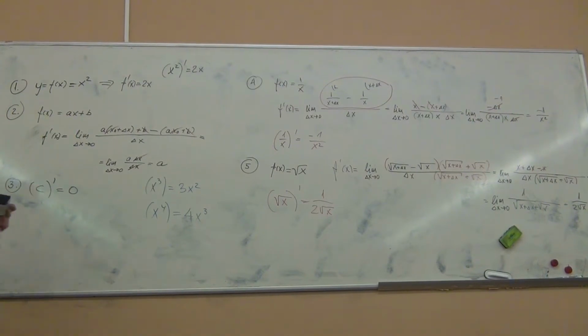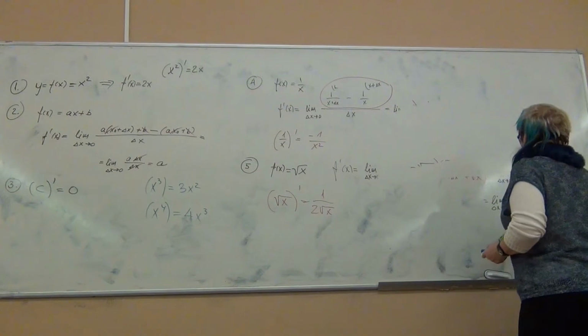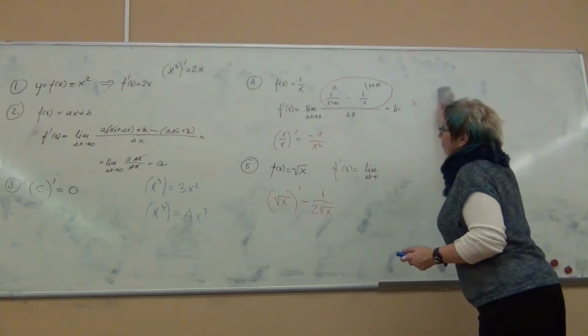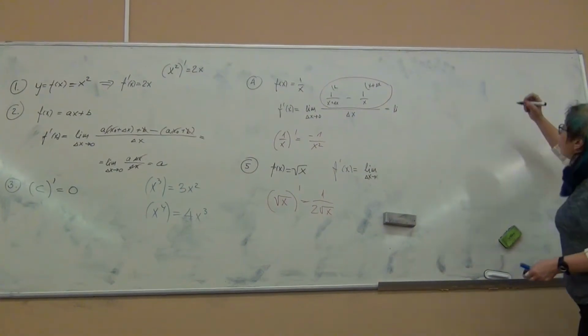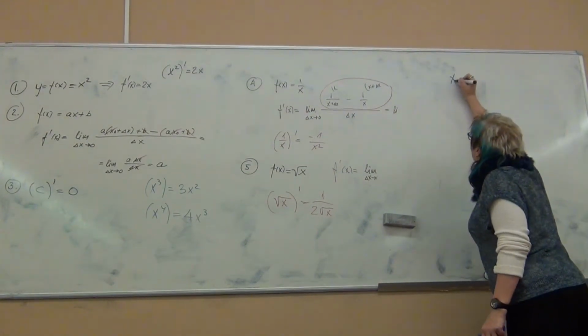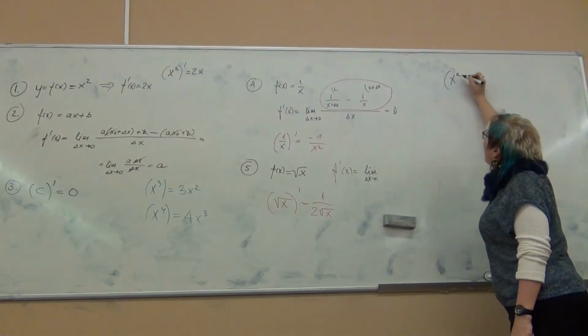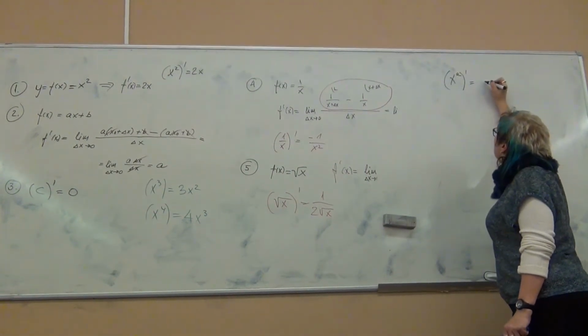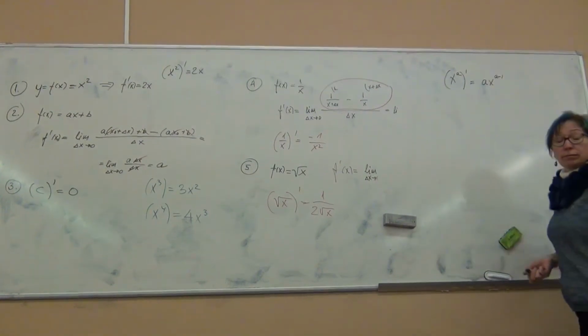Yes, that's true. So the first law is, if I have the power x to the power a, the derivative is a times x to the power a minus 1.